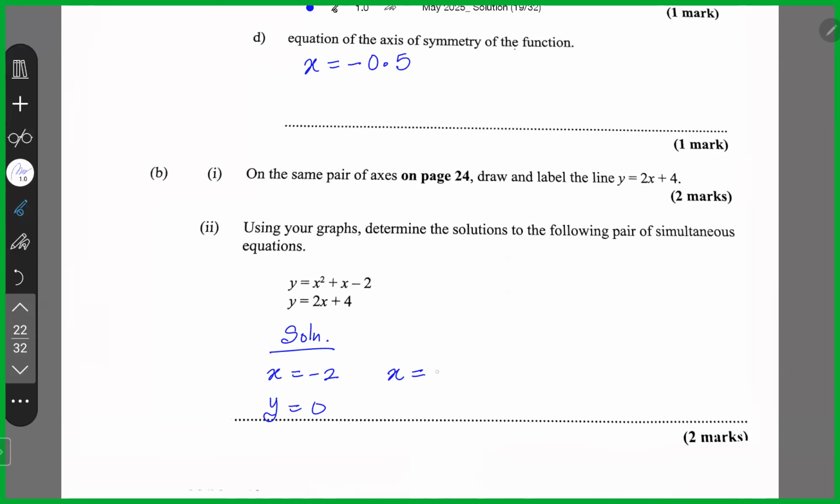X is equal to 3 and y is equal to 10 are the solutions of the simultaneous equations. Again, when we use a graph to solve simultaneous equations, we draw the graph of both equations, and the solutions are the values of x and y where the two graphs intersect.